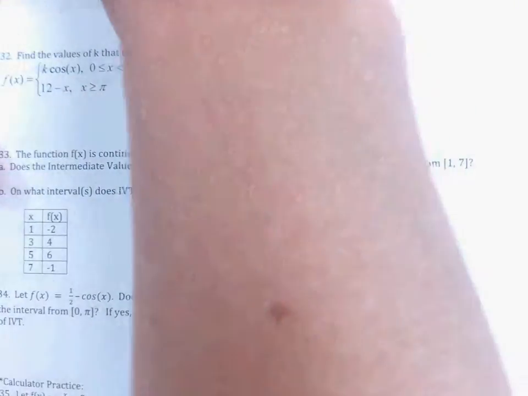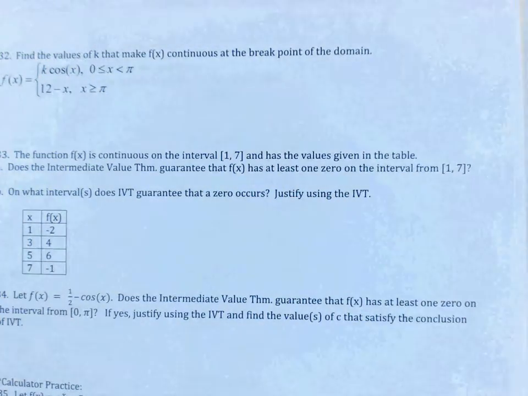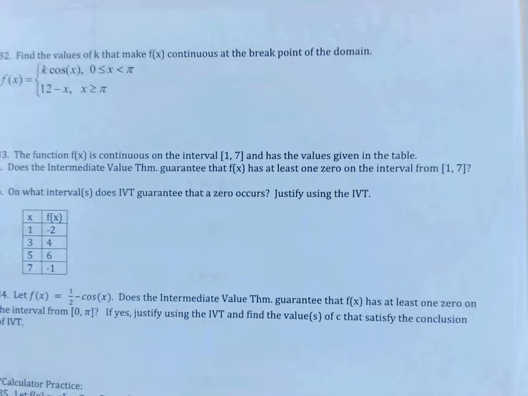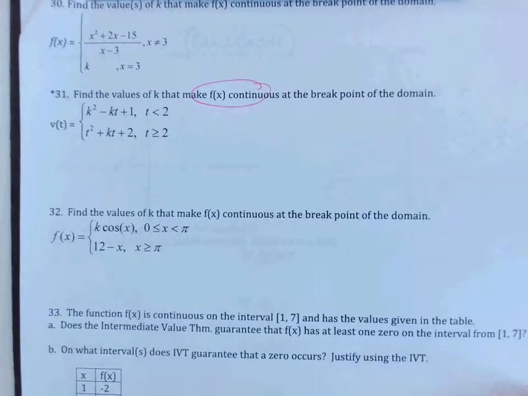31 with the star? Okay, so 31 says find the values that will make it continuous. How do you make it continuous? You do it by setting the left and right sides equal at what value? At 2.